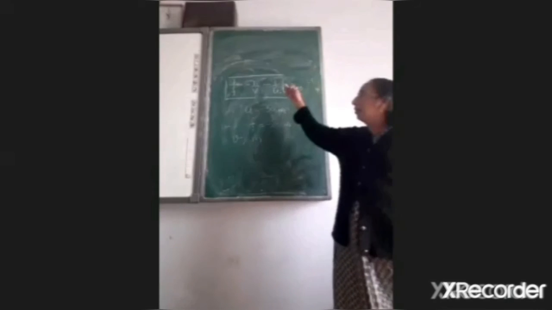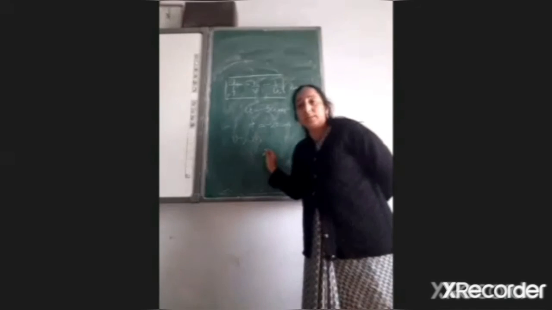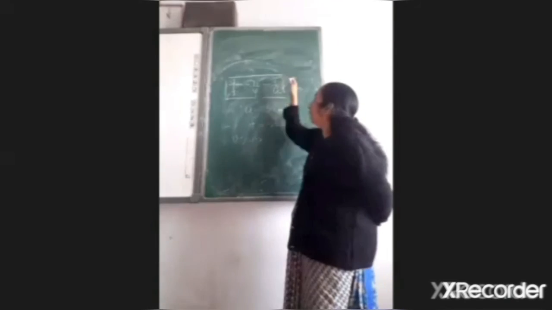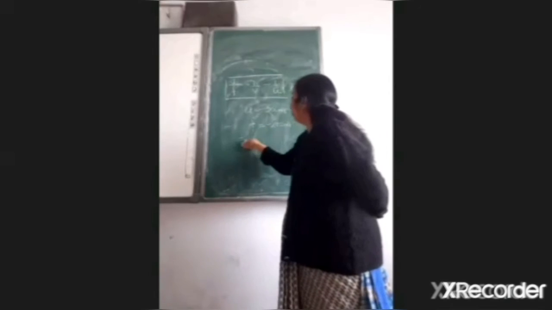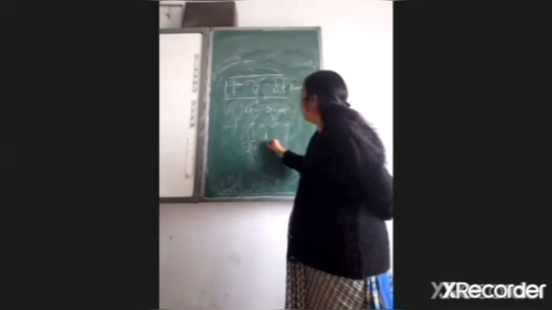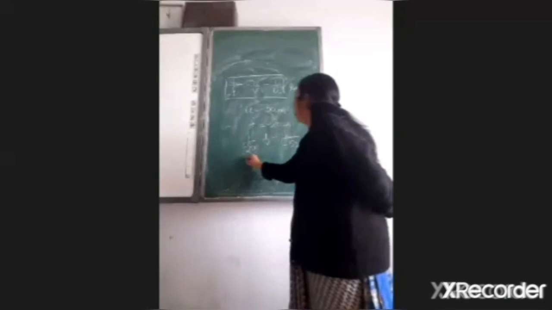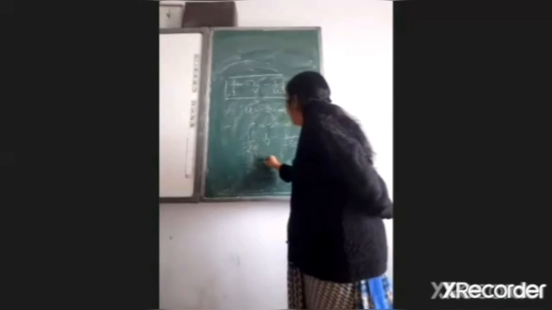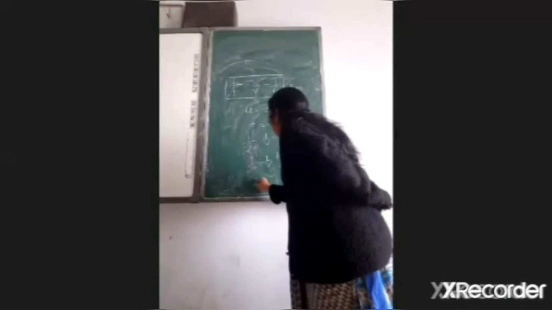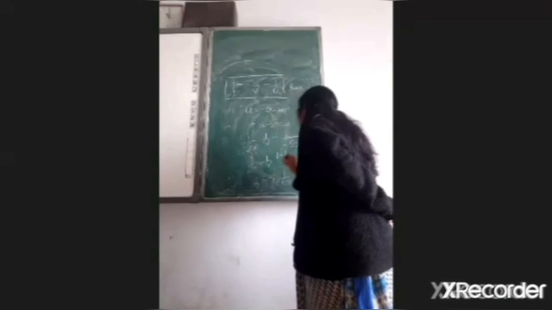So how? Look here, we will use the lens formula. Those who want to do it yourself, tell your answer here. We have the lens formula 1 upon f is equal to 1 upon v minus 1 upon u. So 1 upon f, that means 1 upon minus 20, is equal to 1 upon v minus 1 upon minus 50. Minus 1 upon 20 is equal to 1 upon v plus 1 upon 50. 1 upon v is equal to minus 1 upon 20 minus 1 upon 50.